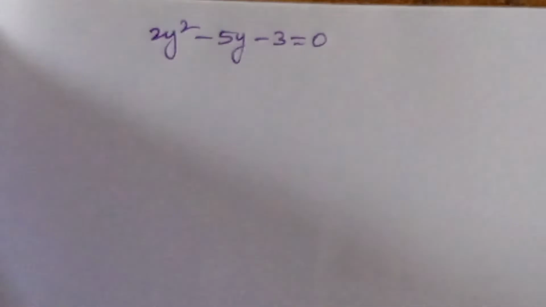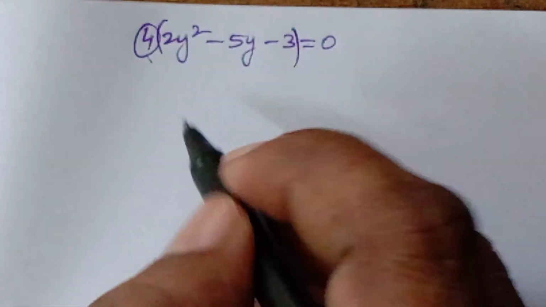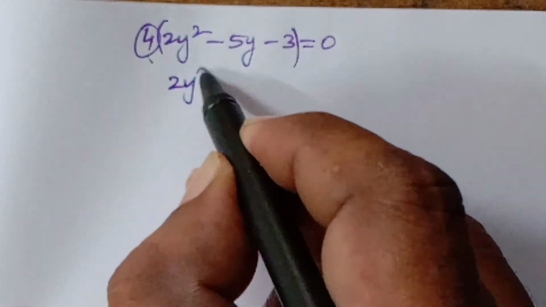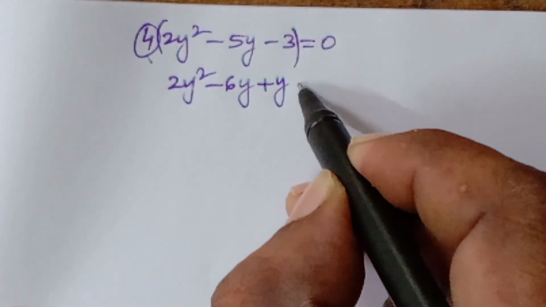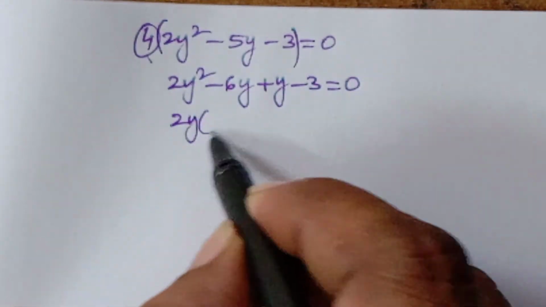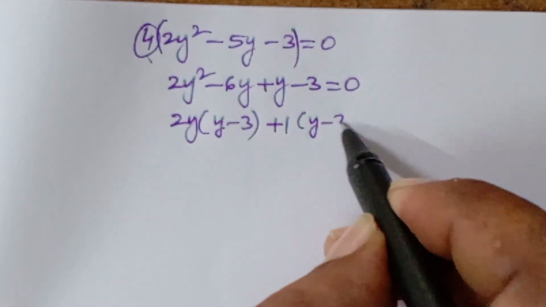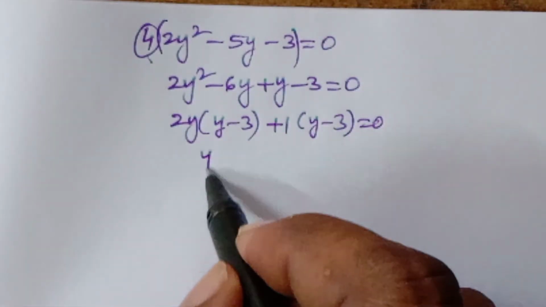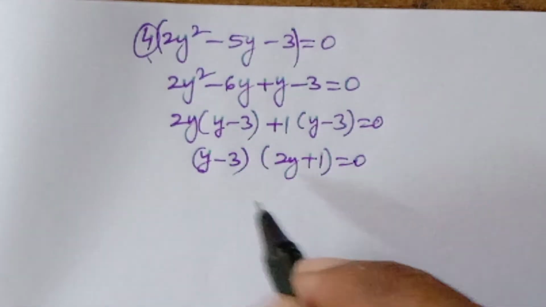Now I am writing the factors: 2y square minus 6y plus y minus 3 equal to 0. So 2y common, y minus 3, plus 1 common, y minus 3 equal to 0. So y minus 3 into 2y plus 1 equal to 0.